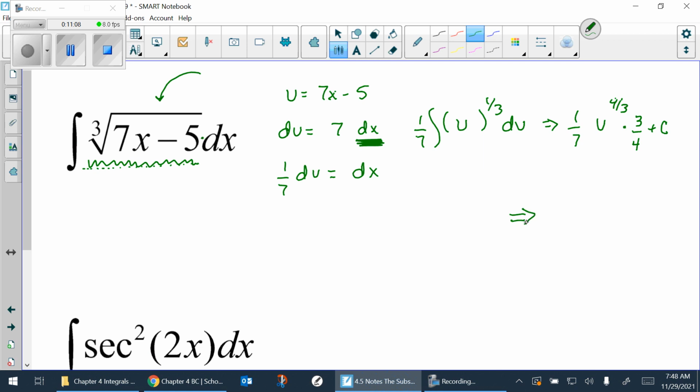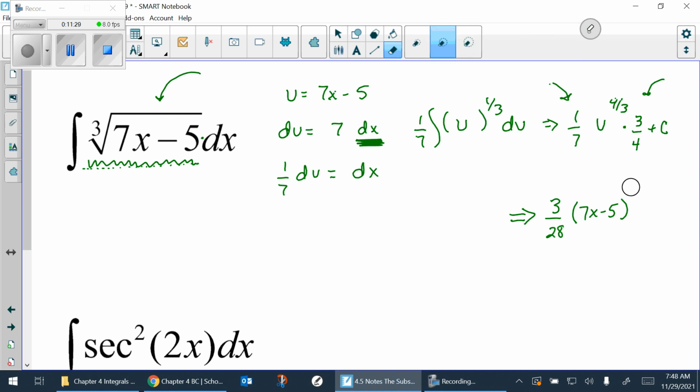So I've got to do a little multiplication here. 1/7 times 3/4 is 3/28. Instead of u to the 4/3, I'm going to have 7x minus 5 to the 4/3, plus c.